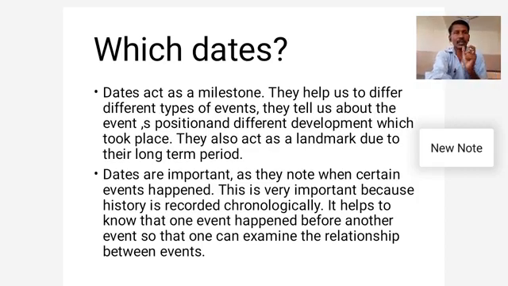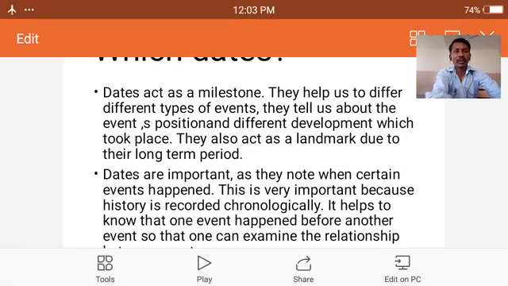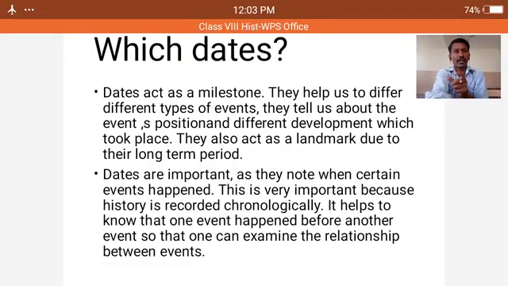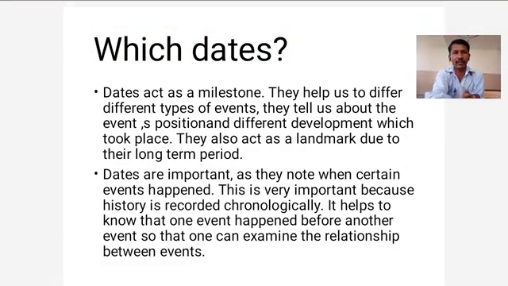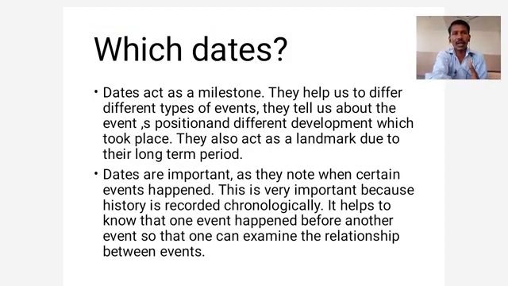So the duration begins in 1919 and ends in 1947. So the longer duration of an event goes on giving important information about the different events which took place in the freedom struggle of Indians against the British, or the Gandhian era.